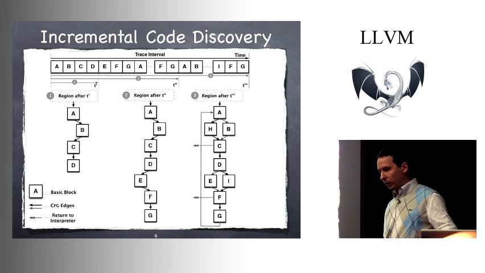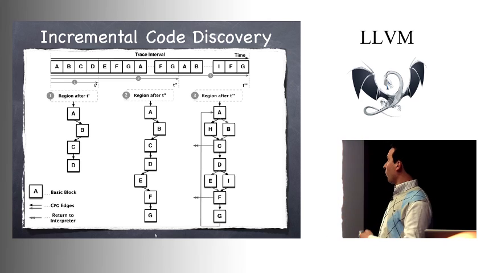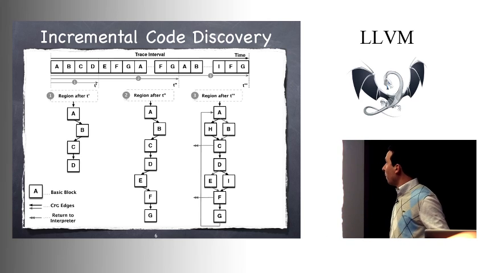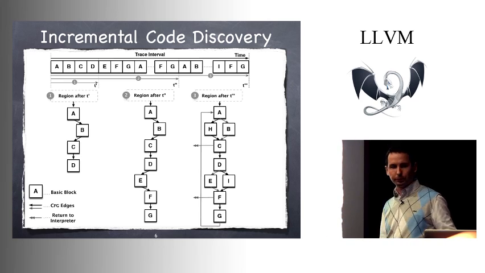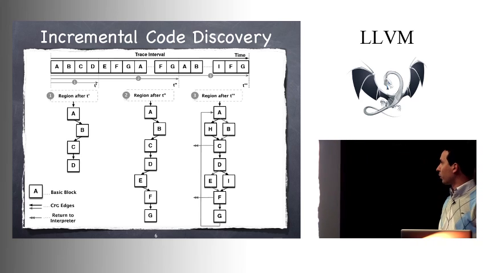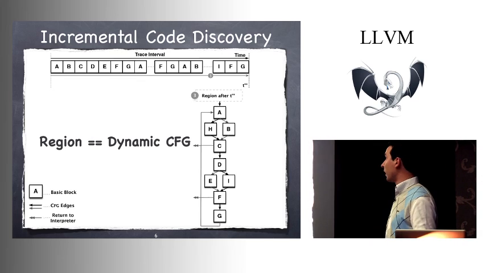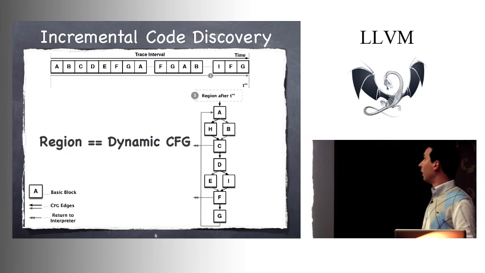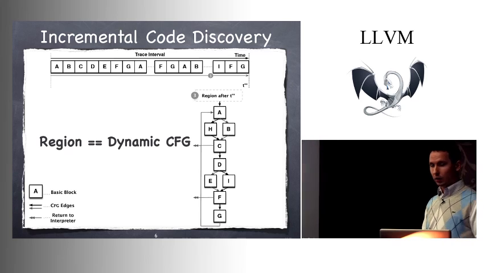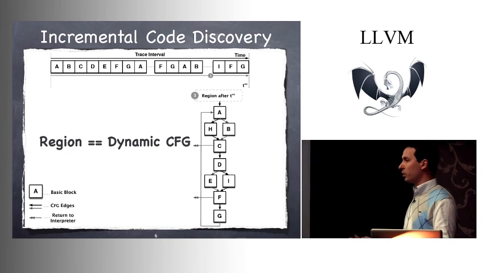At the end of such a trace interval, what we're left with is effectively a dynamic control flow graph. Or, in research you need to give these things fancy names, so we call them regions. So this is how we do code discovery.